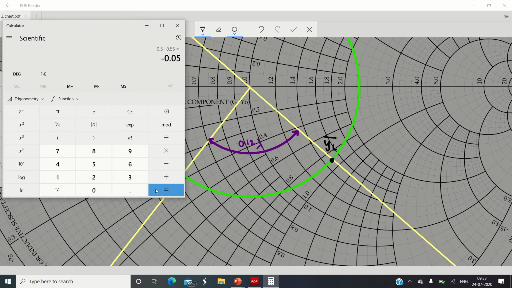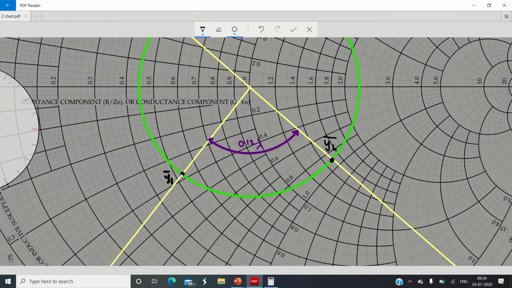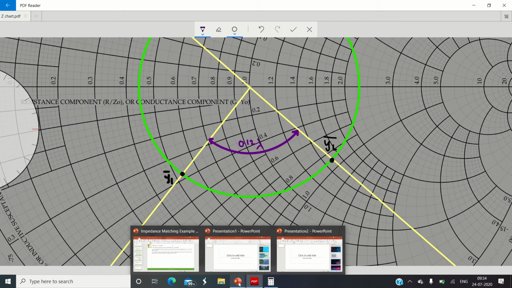The difference is 0.05, divided by 2, 0.025. So 0.5 plus 0.025, I'm going to get this value as 0.525 as a real part. So if you draw a conductance circle, you will get 0.525. Okay, so 0.525 is the real part.